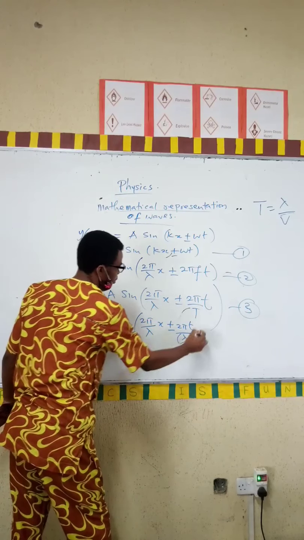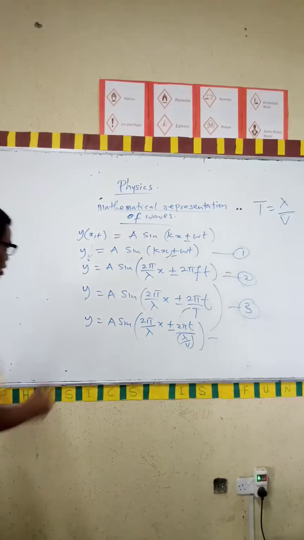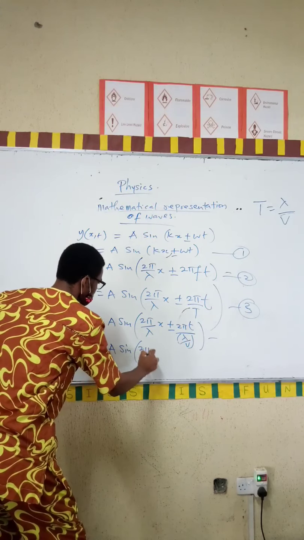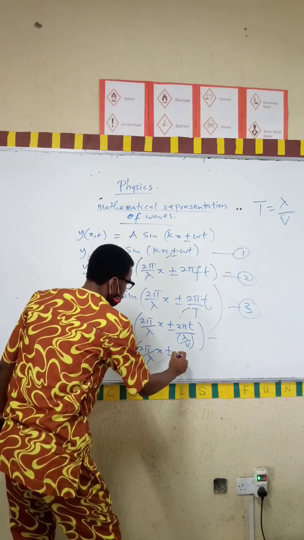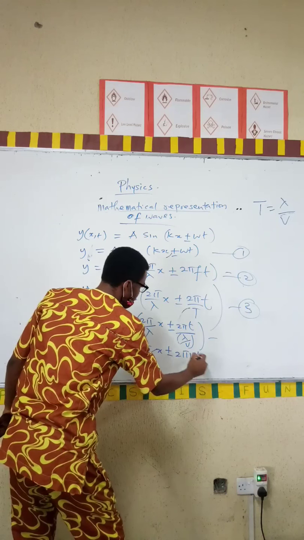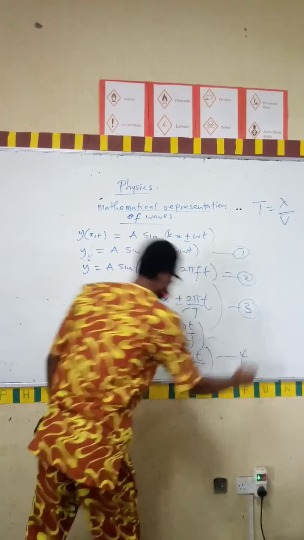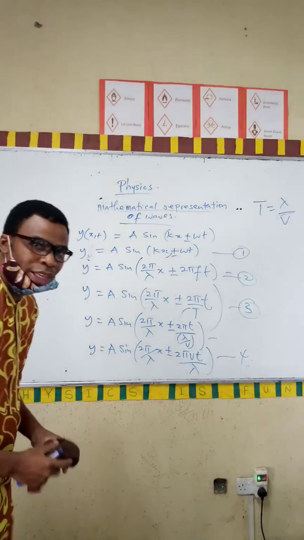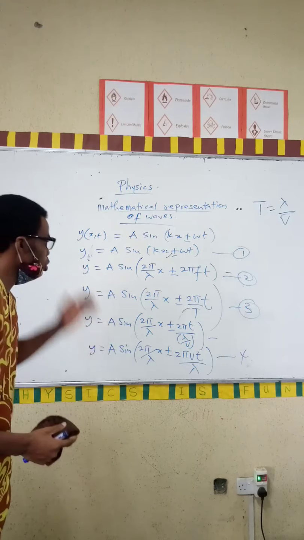I can rearrange this, so I'm going to have y = A sin(2 pi over lambda x ± 2 pi v t over lambda). Equation 4. So I think with this we can take some worked examples. Take note of equations 1, 2, 3, and 4.